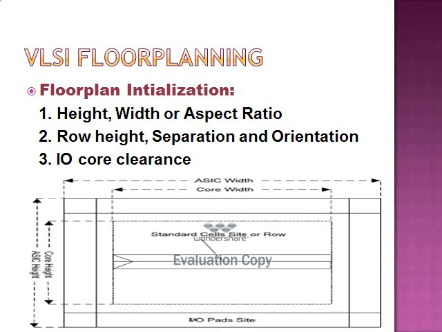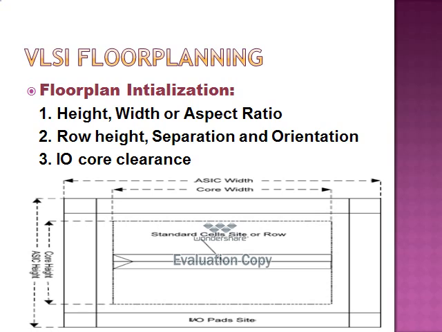Floor planning initialization. In the floor planning initialization stage, we set the floor planning controlling parameters as inputs to the floor plan. Floor planning initialization has 3 steps. The first is set size parameters. Setting size parameters is done in 2 ways.